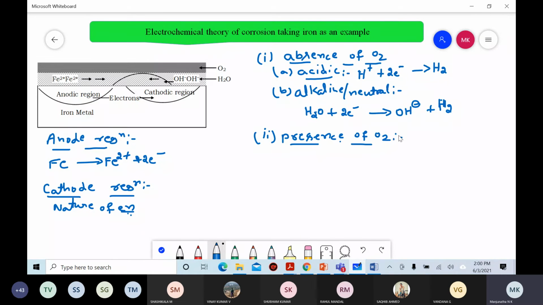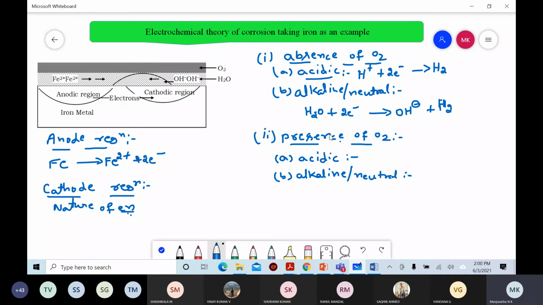In this case also, there are two: first, the medium is acidic in nature, and second, the medium is alkaline or neutral in nature. These are the two cases in the presence of oxygen: acidic medium, and alkaline or neutral medium.